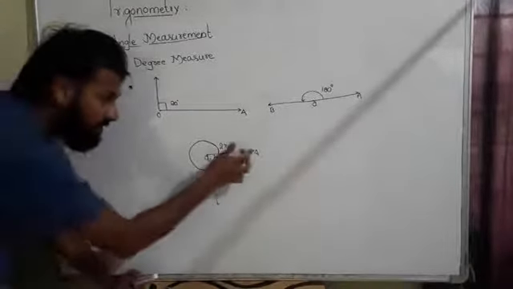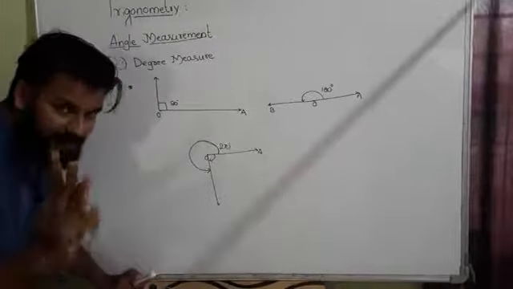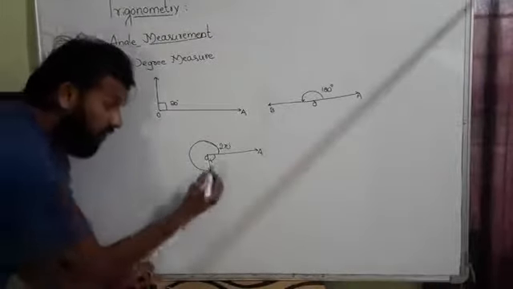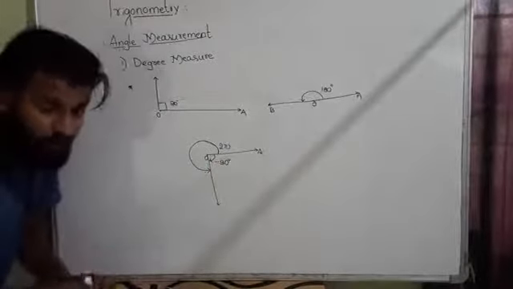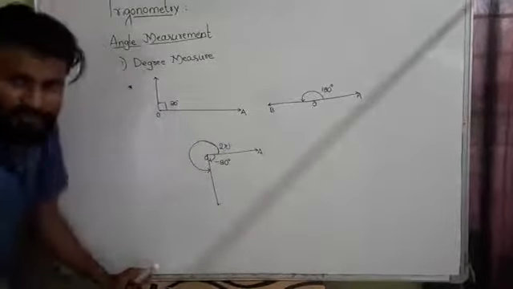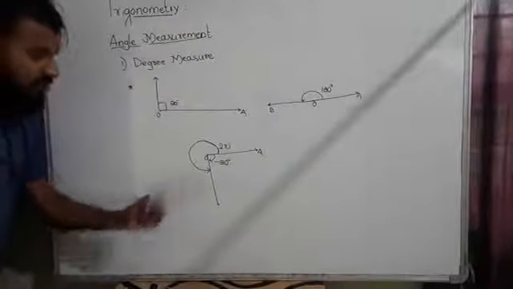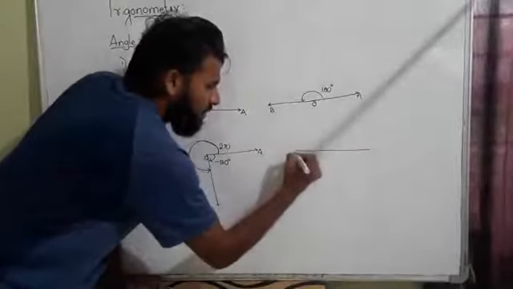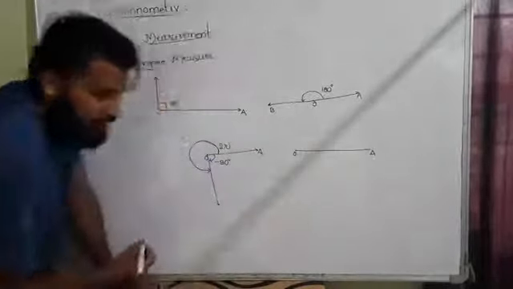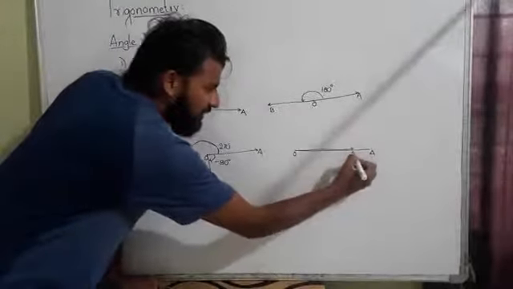Why? Because this is 90 degree, one more 90, three 90s make 270. Or else you can also call it minus 90 degree if you want to measure the angle in clockwise direction. I hope you are understanding. So this is the third case. And the fourth case is, suppose this is my original line or initial line, and the terminal line is also on this line itself.